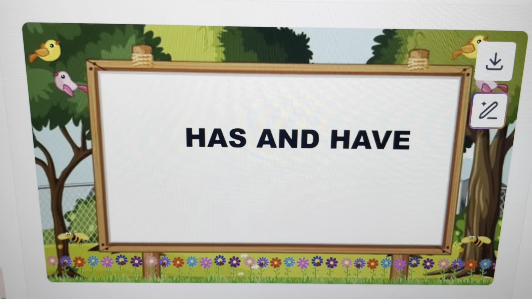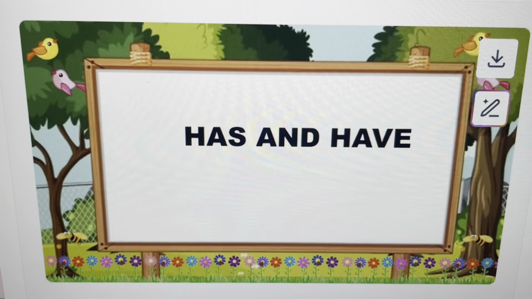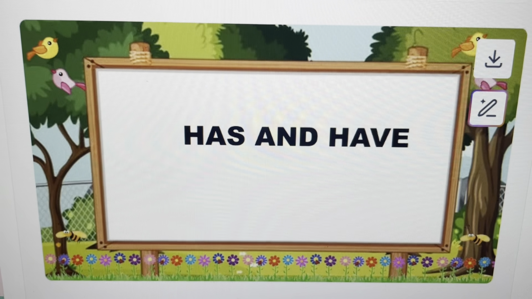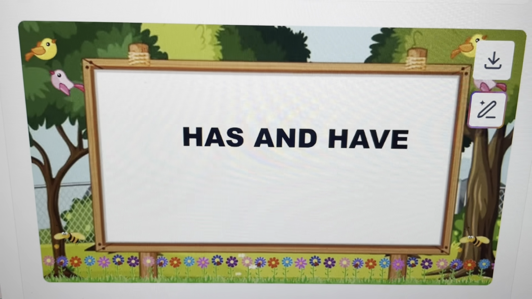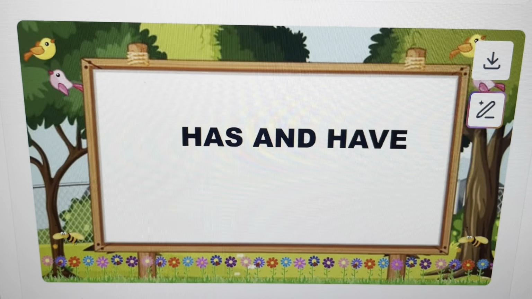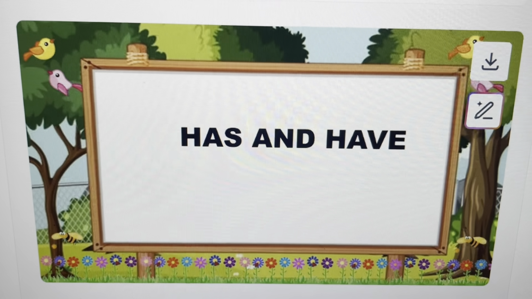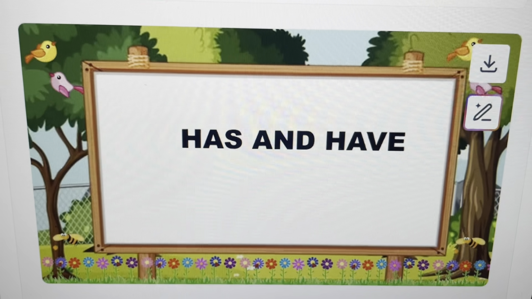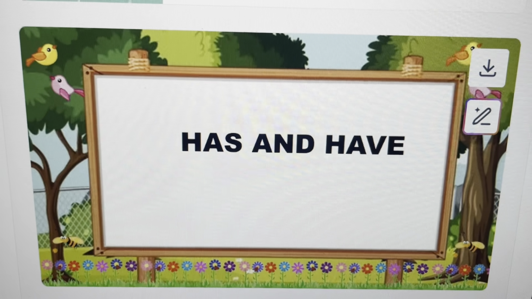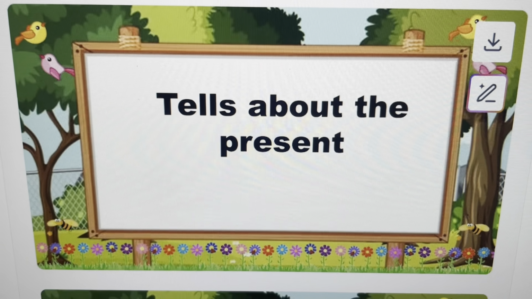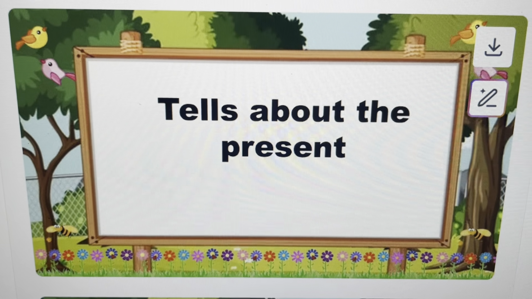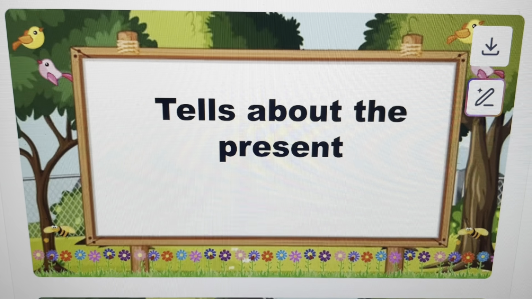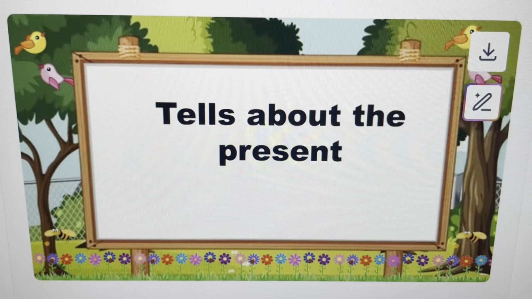Now in the same way, the next step we are going to read about is the present tense verb has and have, where we are using has and have. Has and have show the present tense in a verb. Let's check.